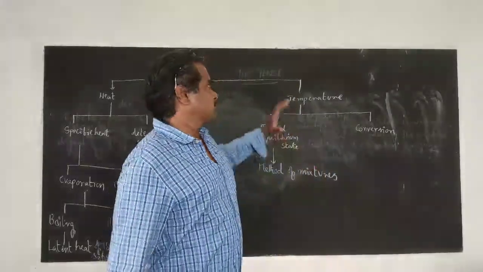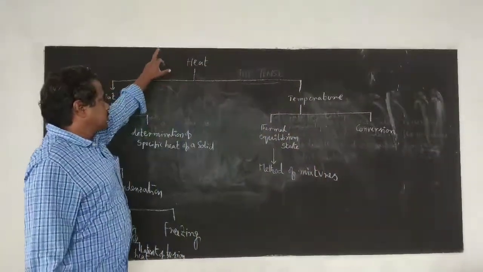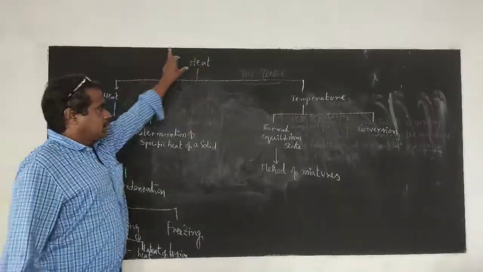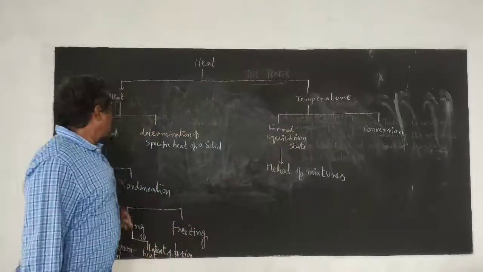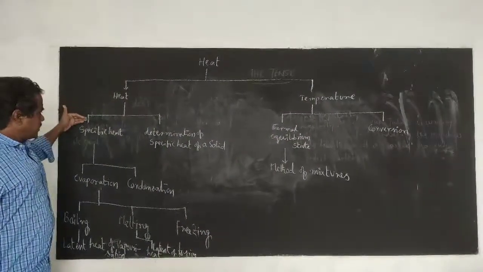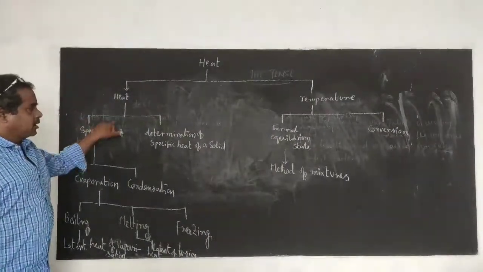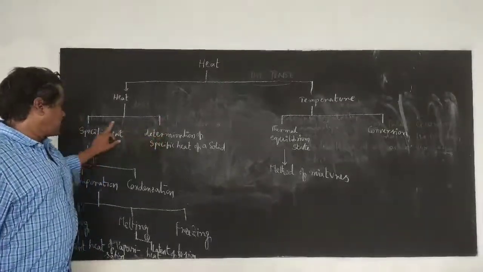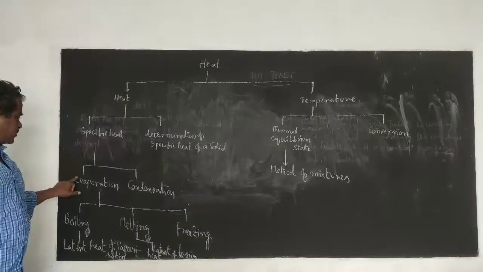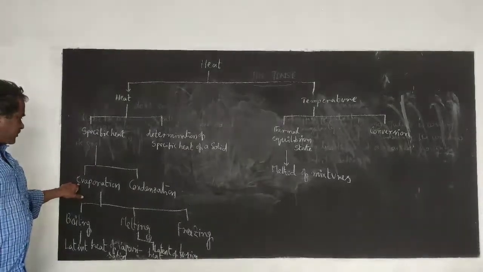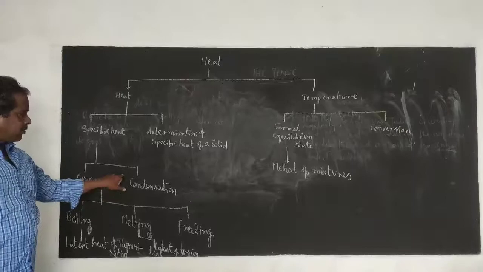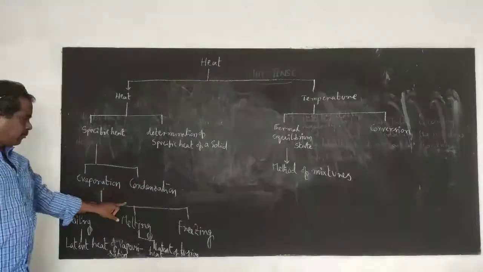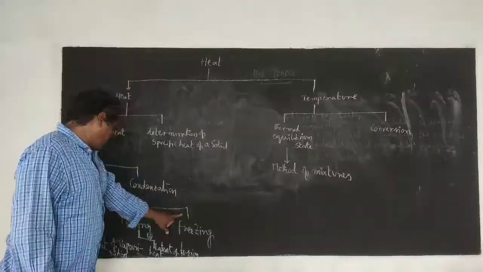So once you observe the flow chart of this chapter, here heat and temperature. Again we are going to study specific heat and how to determine the specific heat of a solid, and also some phenomena which occur in our nature, that are evaporation, condensation and boiling, melting, freezing.